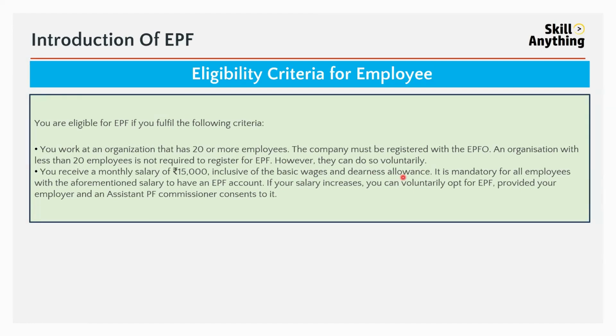If someone has more than 15,000 of PF wages, it is up to the employee whether they want to register in PF or not. But if someone receives 15,000 PF wages or less than 15,000, it is mandatory to register in PF.